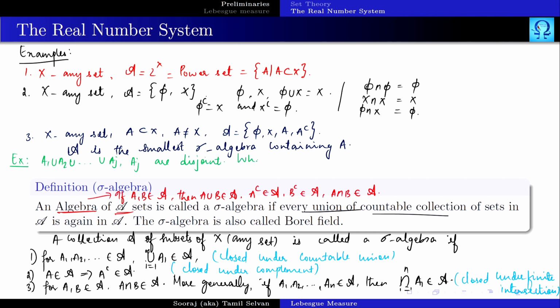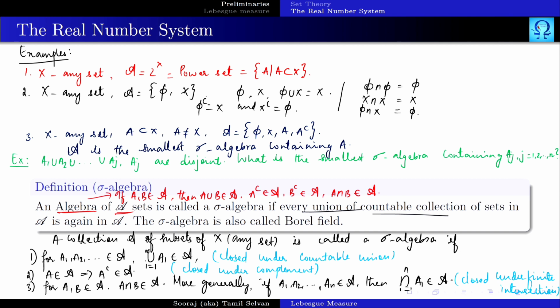You will have to identify the smallest sigma algebra containing Aj, where j runs from 1 to n.